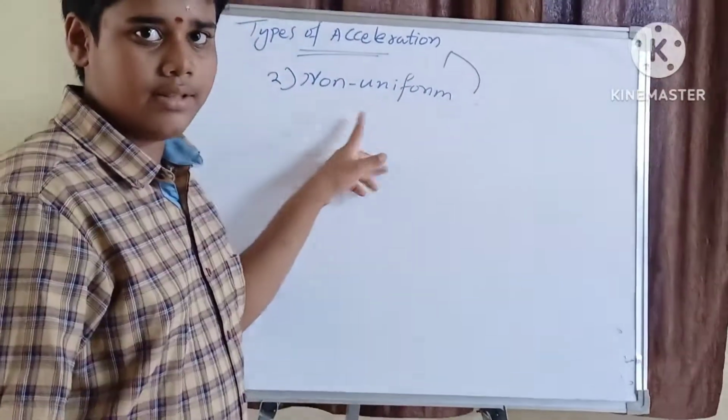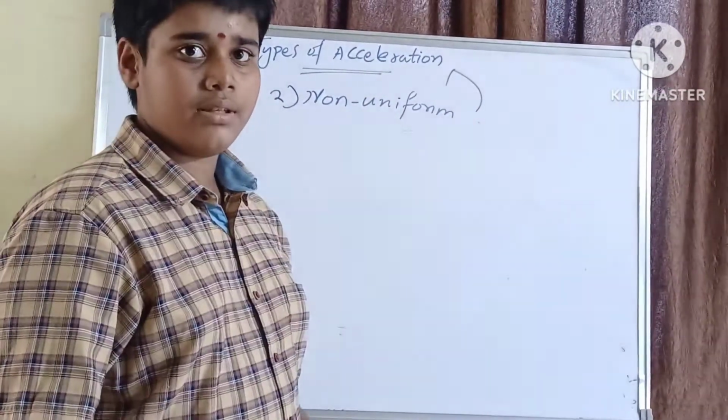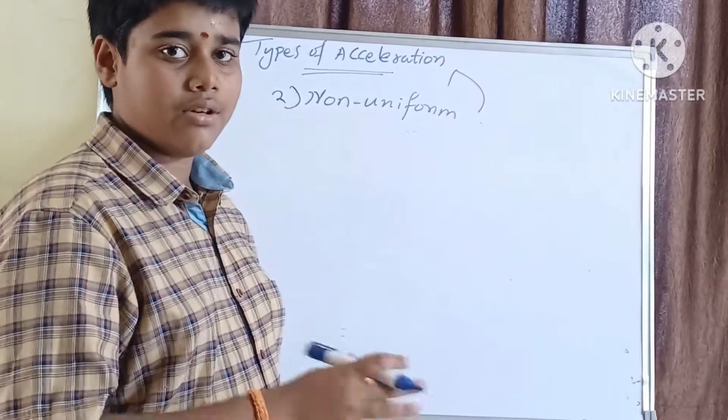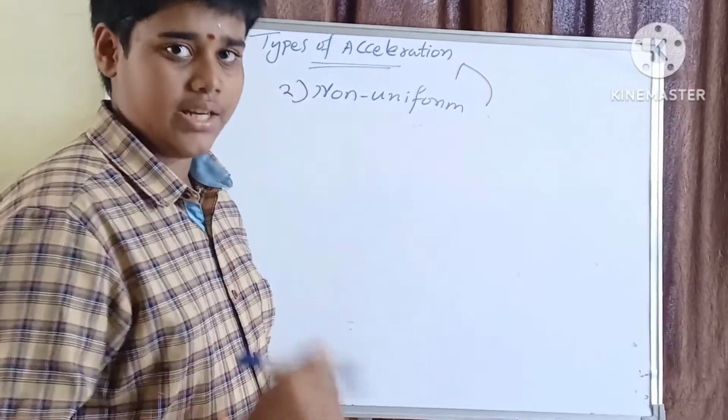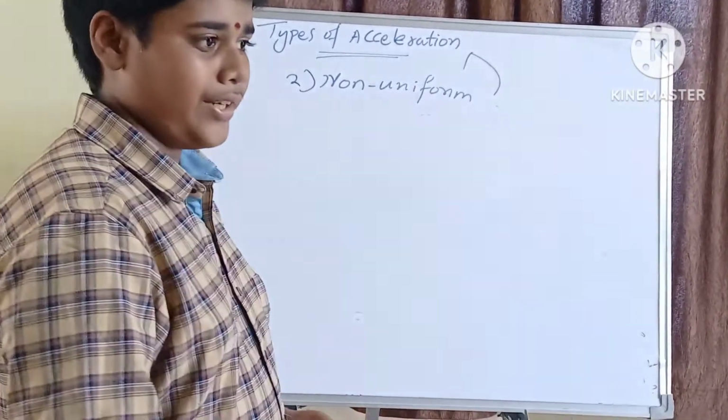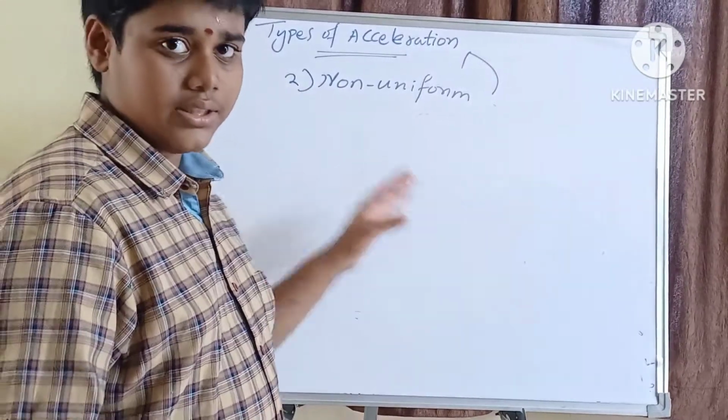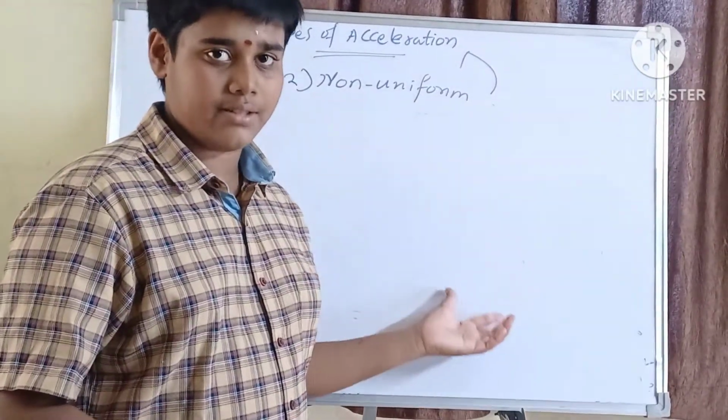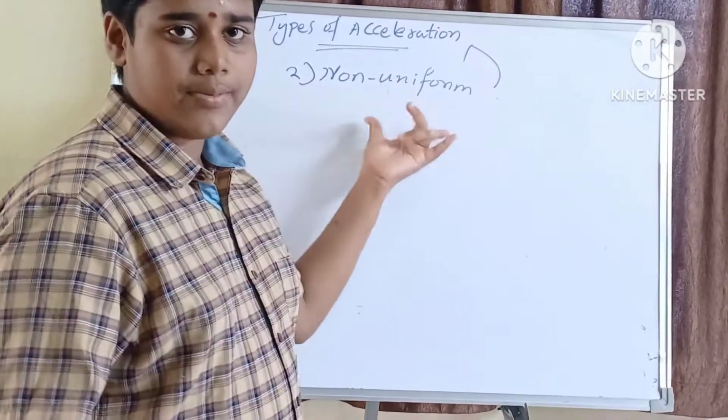Non-uniform acceleration. Here non-uniform acceleration means in all cases there is no equal acceleration. If we take 3 cases, in those 3 cases there are different accelerations, which means non-uniform acceleration.